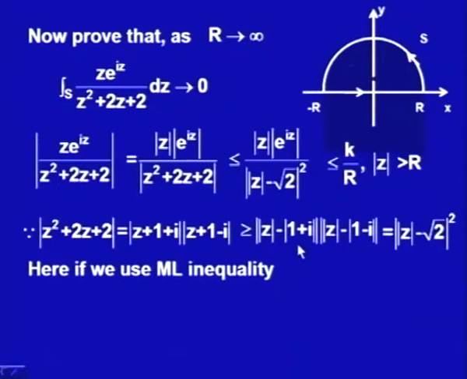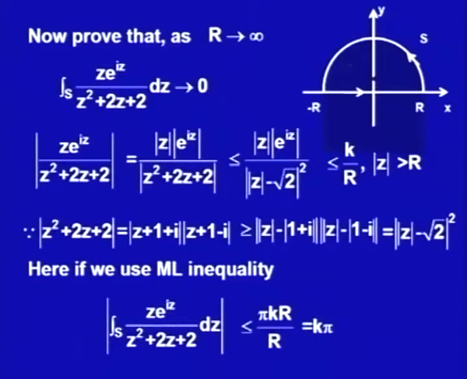Using the ML inequality, the absolute value of this integral is less than or equal to M, that is k upon r, times the length of the arc. The length of the arc here is πr. So this is bounded by a constant, and this constant is independent of r. Now if I put the limit as r approaches infinity, this constant is not going to change.